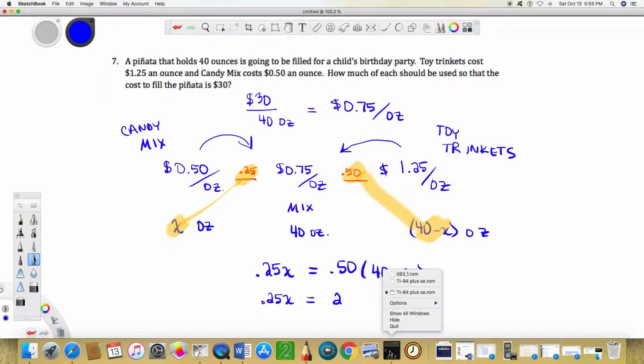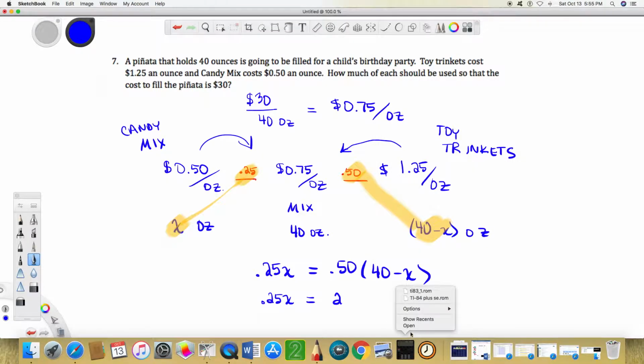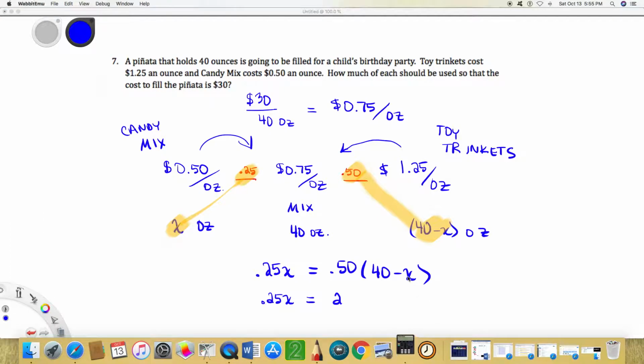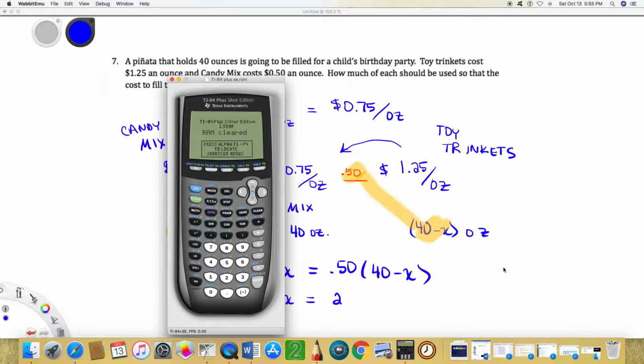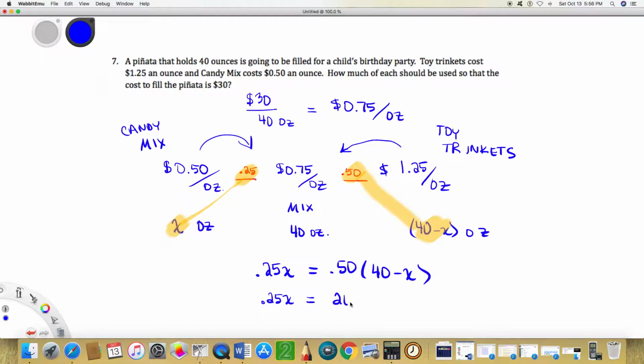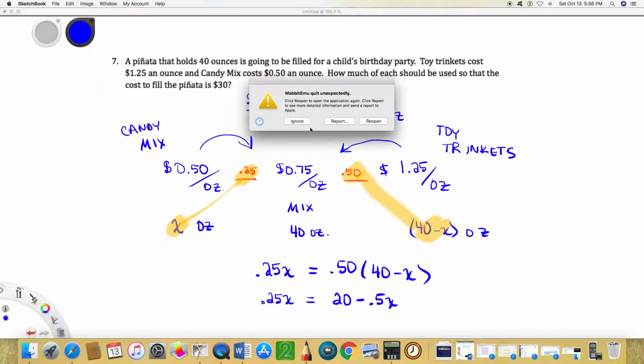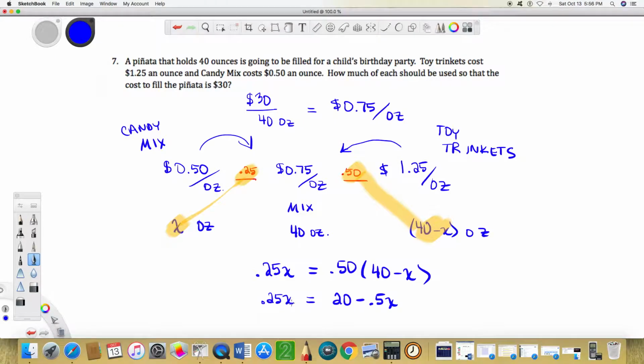I always mess up on my decimal points though, so I don't want to do that in the video, so we use my calculator. Yep, I have to restart my calculator. So half of 40 is 20. I don't need a calculator for that, my gosh. I'm not thinking. Yeah. If I add 0.5 to each side, I've got 0.75. 0.75 is 3/4.